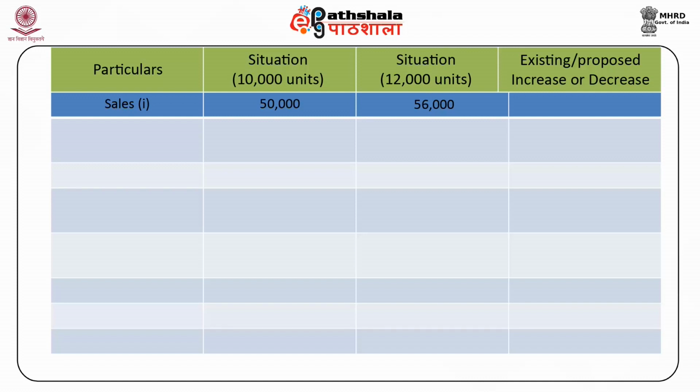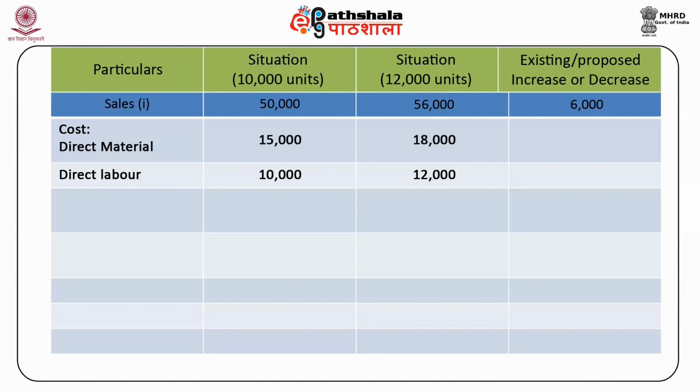Here, sales would amount to Rs 50,000 plus Rs 6,000, that is, Rs 56,000. Direct material cost would be 12,000 multiplied by 1.5, that is, Rs 18,000. Direct labor cost would be 12,000 multiplied by 1, that is, Rs 12,000.